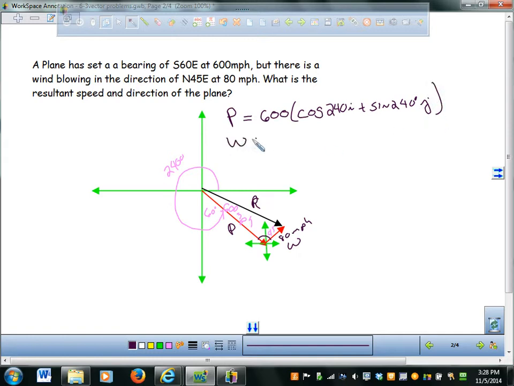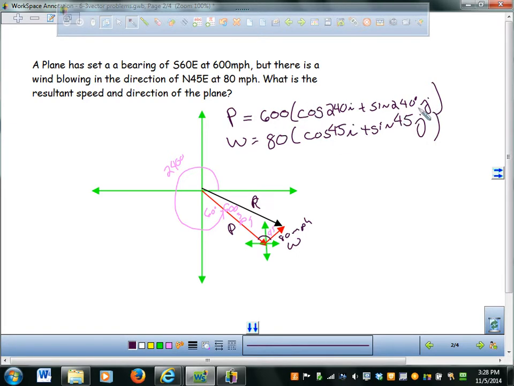The wind speed, since this is a 45 degree angle, that's just 45 degrees from the x-axis, and so the wind speed is 80 miles per hour times cosine of 45 in the i direction plus sine of 45 in the j direction. Okay.